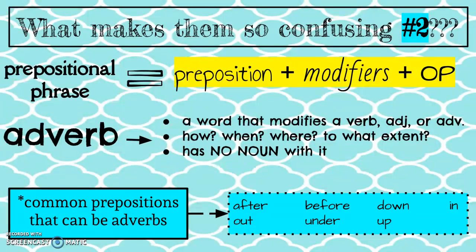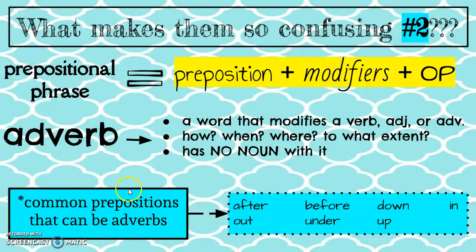It answers how, when, where, and to what extent, and it has no noun with it. We know that prepositional phrases as groups can act as adverbs, but sometimes we'll see just this one word and it doesn't have any modifiers or nouns after it, and so it's being used just as an adverb by itself.